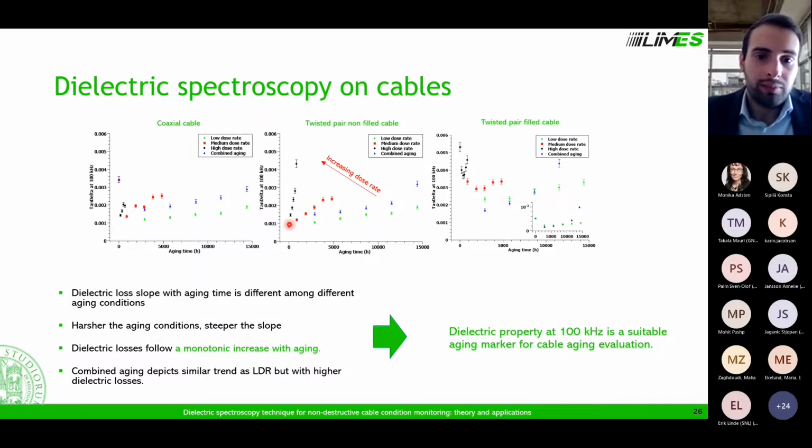For example, here it's more evident, and in particular if we consider the combined aging, we have more or less the same trend, which is shifted upwards because of the contribution of temperature. This being said, we can conclude that the dielectric property at high frequency is suitable to be used as an aging marker for cable aging evaluation.